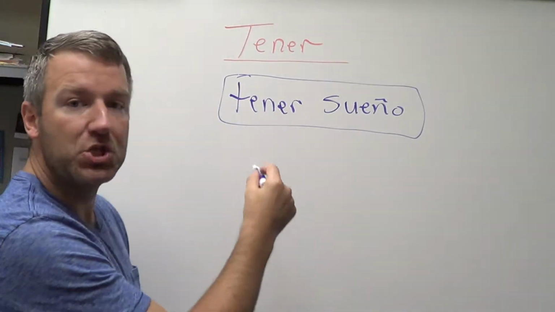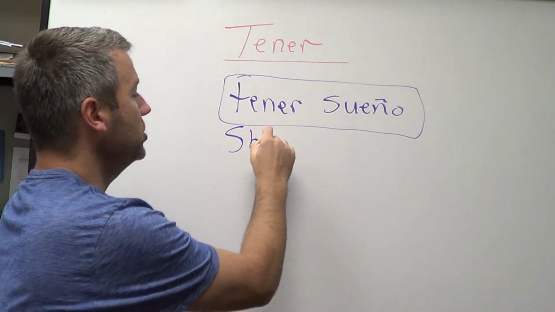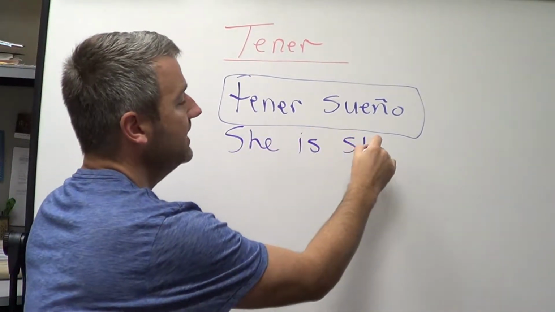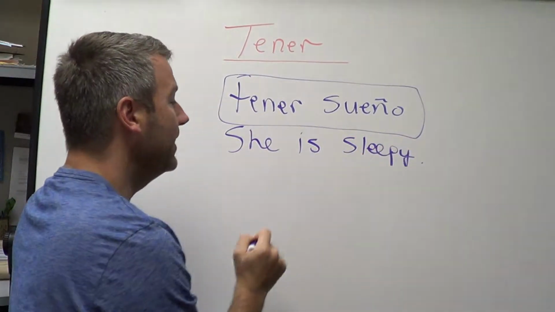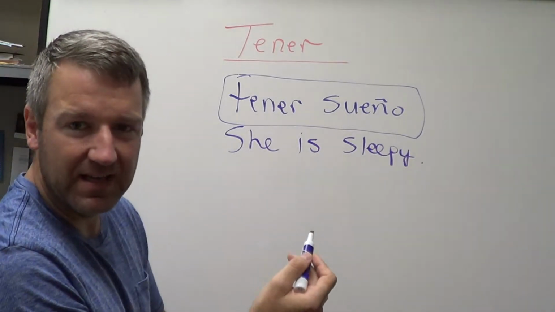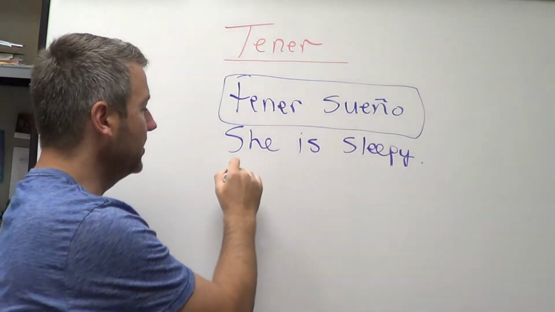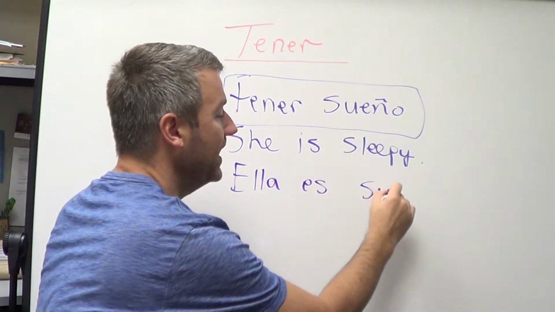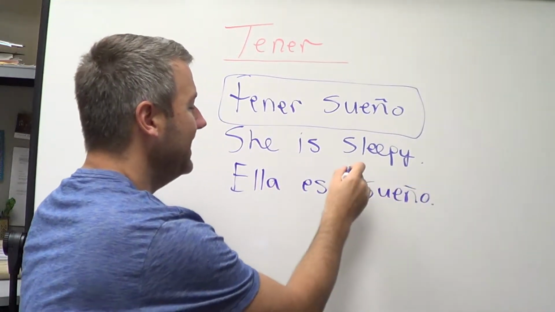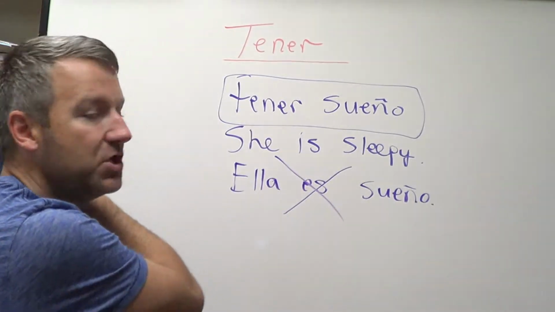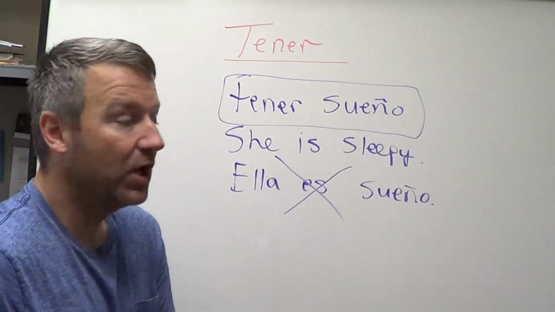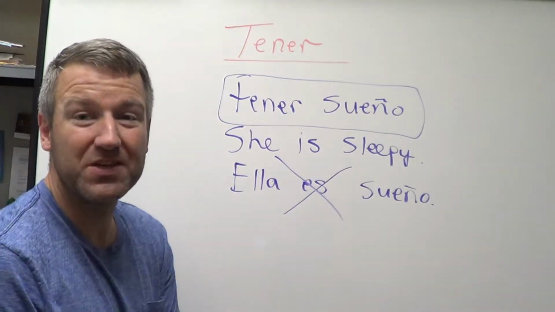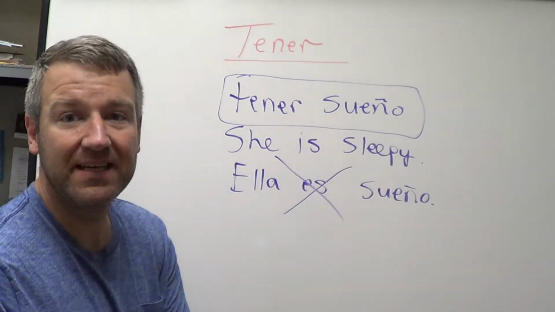So if I would say she is sleepy, okay? Well, you probably might be thinking, as I kind of alluded to a little earlier, that you could say ella es sueño. Well, we can't use the verb to be with these expressions. We have to use the verb tener.